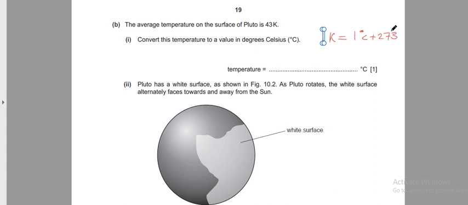So the temperature in Celsius for 43 Kelvin is 43 minus 273 degrees, which is equal to minus 230 degrees Celsius.